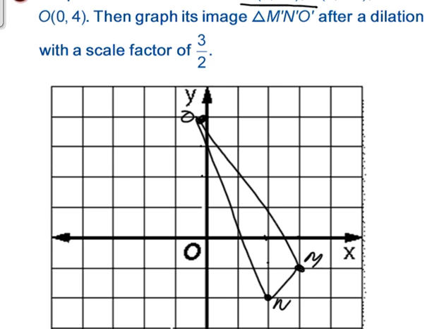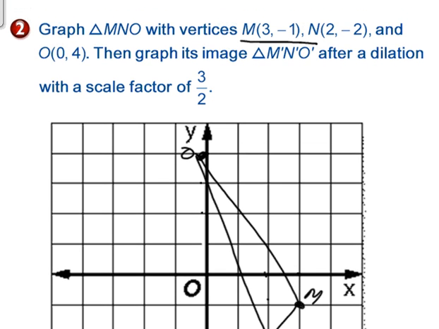That's my original shape. Now I'm asked to do a scale factor here of 3/2. That means I take each ordered pair and multiply by 3/2. So I've got 3, negative 1 times 3 halves. 3 halves times 3 would become 9 halves, comma, 3 halves times negative 1 would become negative 3 halves.